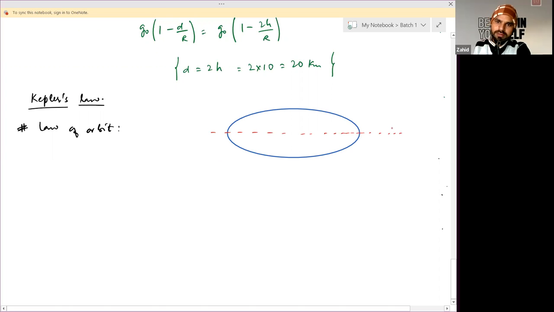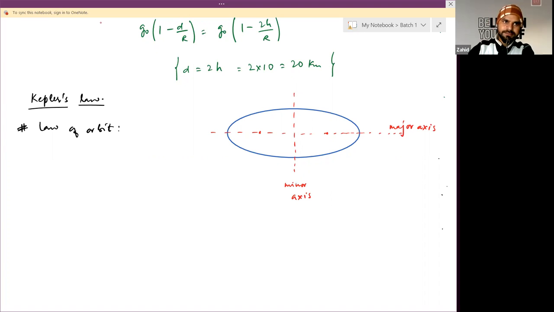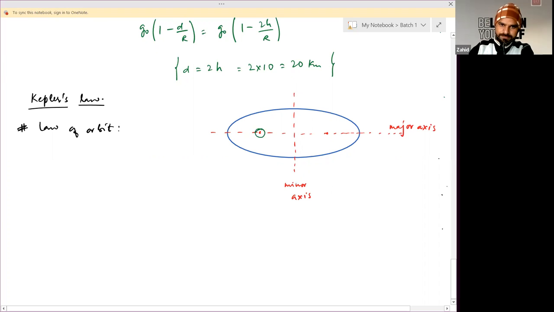This is called the major axis, and this is called the minor axis, and this term is the focus. The sun lies at one of its foci, so it will be at this point, and the planet will revolve around this path.